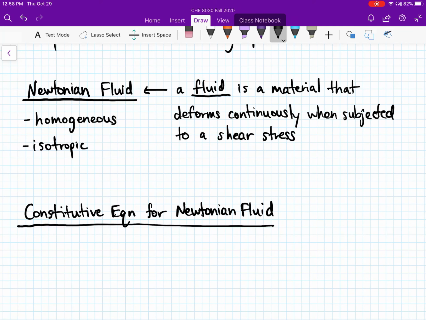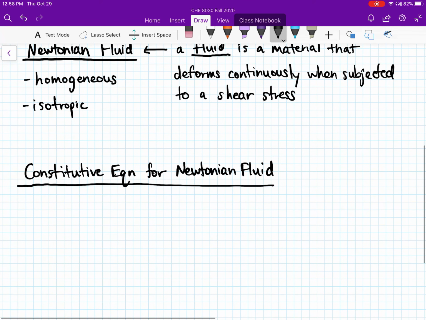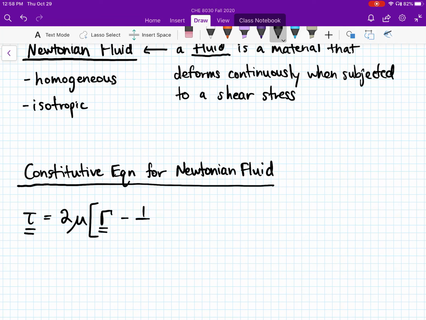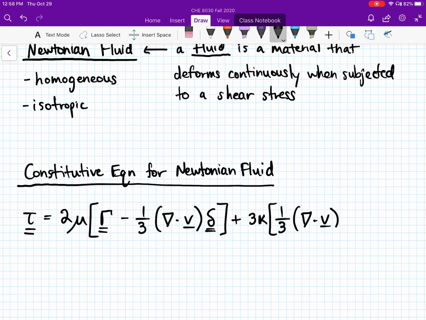So the constitutive equation for a Newtonian fluid in our new language tells us that the shear stress tensor is equal to 2 times the viscosity times the rate of strain tensor minus 1/3 the divergence of the velocity multiplied by the Kronecker delta.